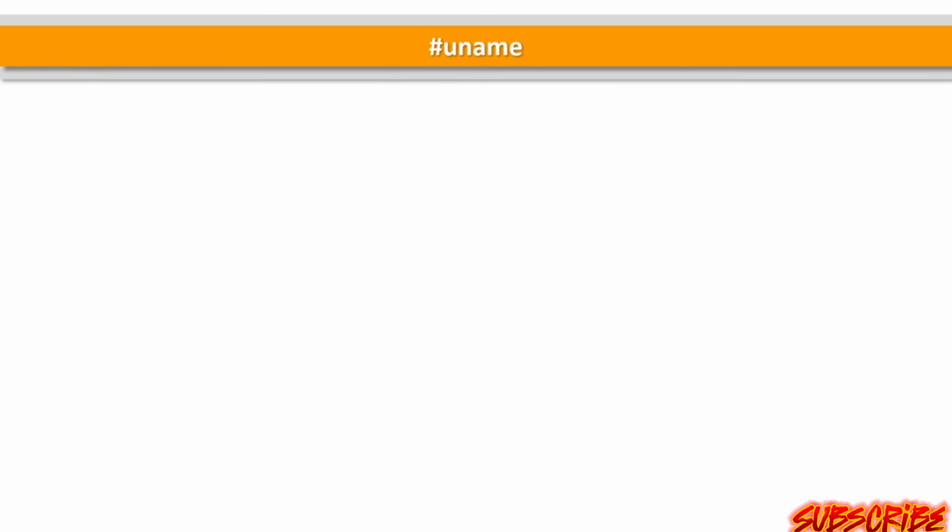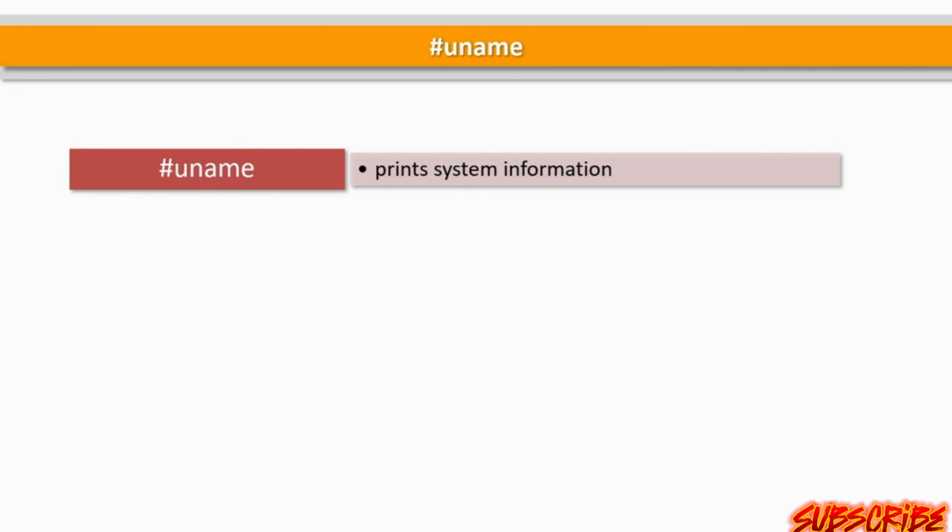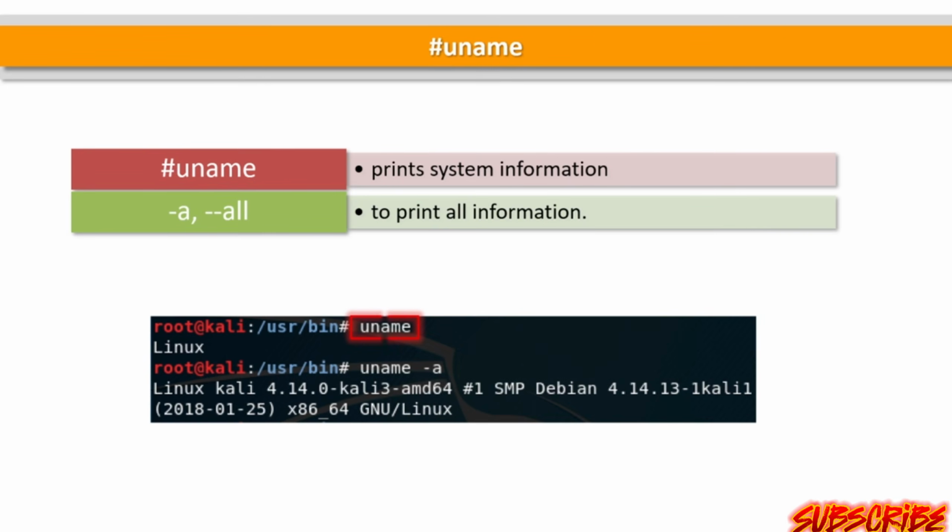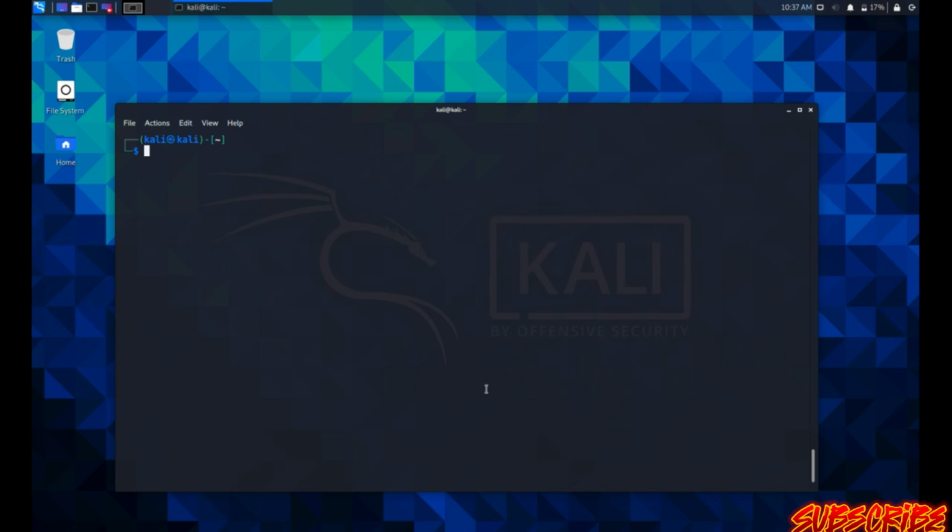So the command uname displays the information about the system. -a is the option that prints out all the system information. So I'm going to give it a shot, see what it looks like. Run uname, and it displays the operating system name.